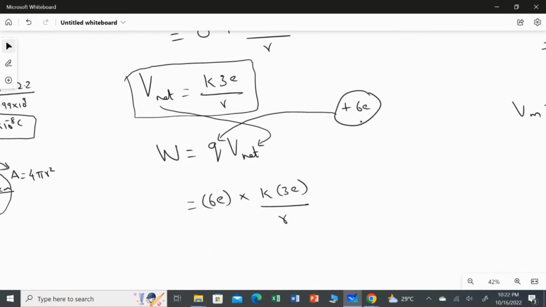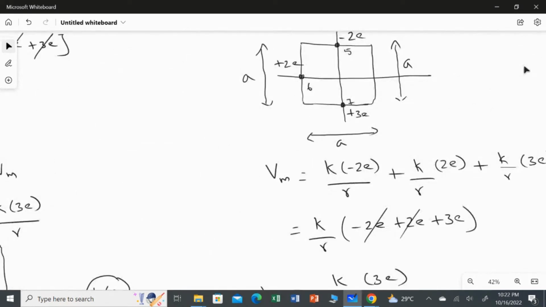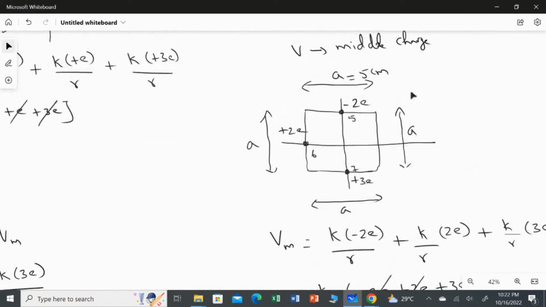What is this R? R for the middle charge. What is the R value, my dear? Half of a. What is R here for the fifth charge, because this is our center? So we are going to find this value. This is half of a. The a value is 5 centimeter. What is half of a?